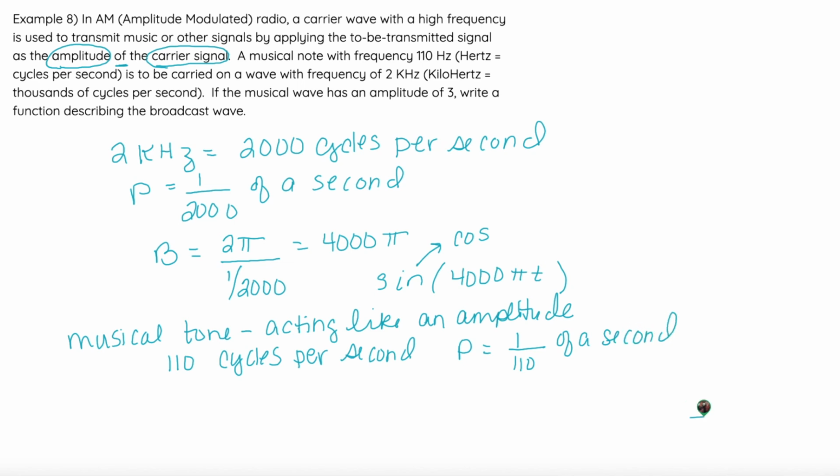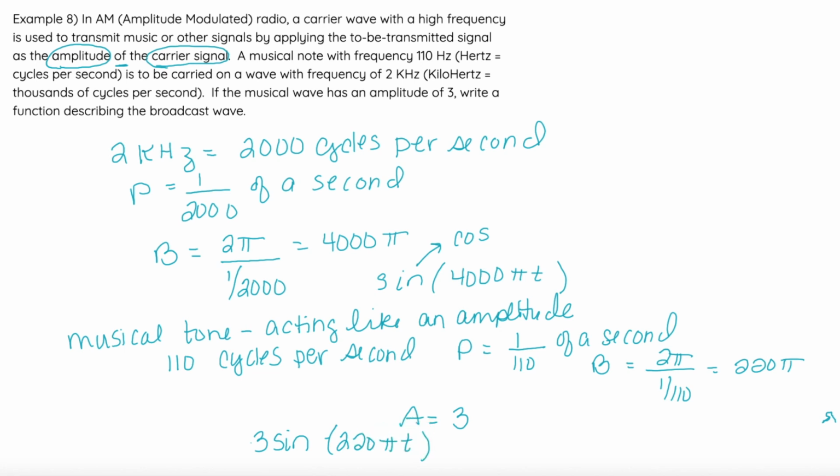So our B value is 2 pi divided by 1/110th, or 220 pi. And it tells us that the amplitude of this particular piece is 3 with the musical tone. So therefore, the musical tone's equation is 3 times sine of 220 pi t.